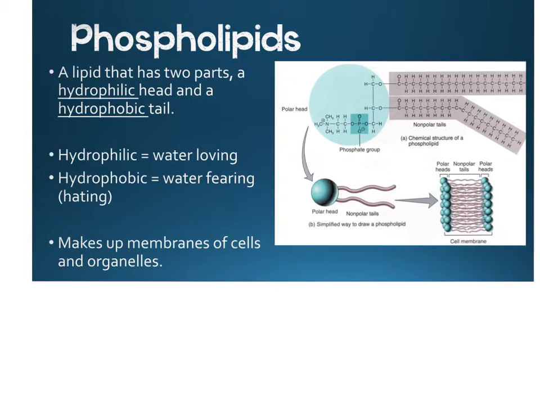So the next group of lipids we're going to look at are phospholipids. Phospholipids kind of look funny. They are primarily responsible for membranes within your cells. So if you look here, there's a piece of a membrane that's kind of been drawn out over here.